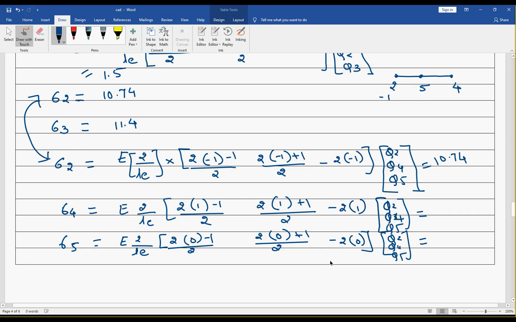So for the second element, sigma 4 is 26.56, and now sigma 5 is 26.34.